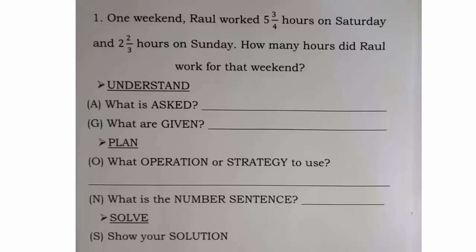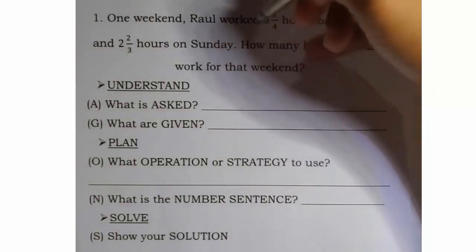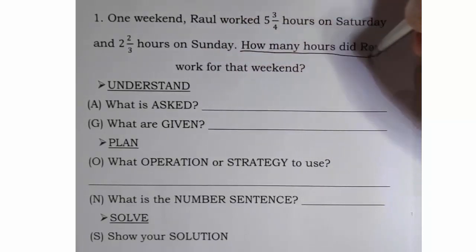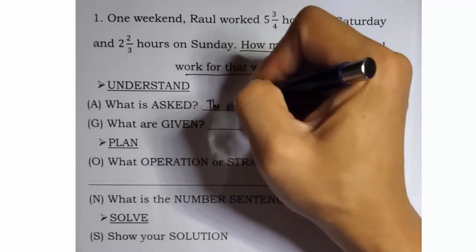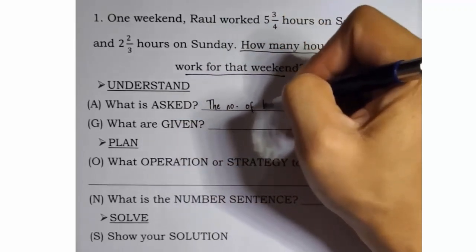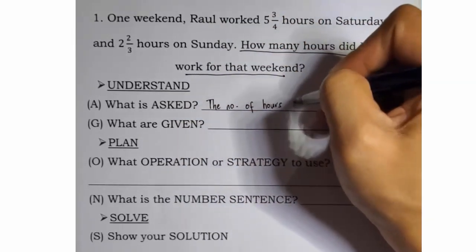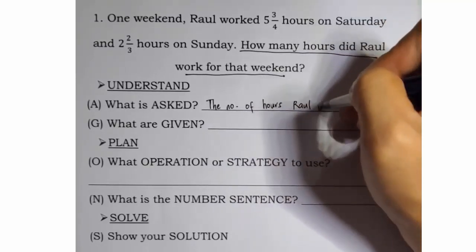And of course, we have to check our answer. Now, let us start with what is asked or the understand portion. So you are asked here of how many hours did Raul work for that week? So that is the number of hours Raul worked.